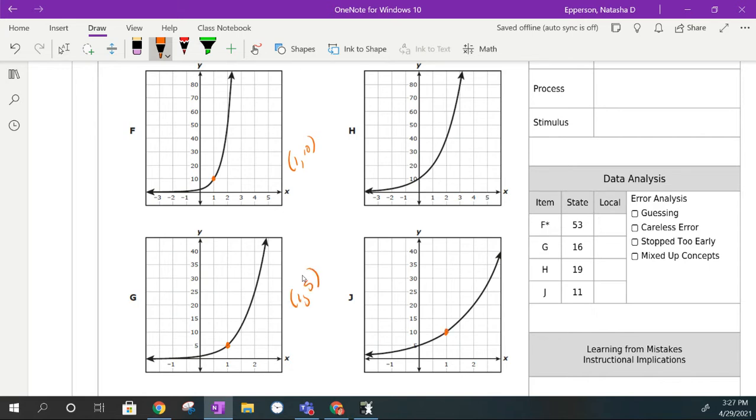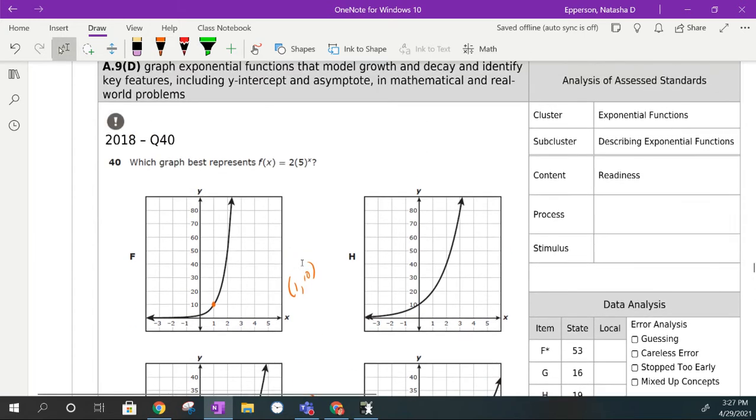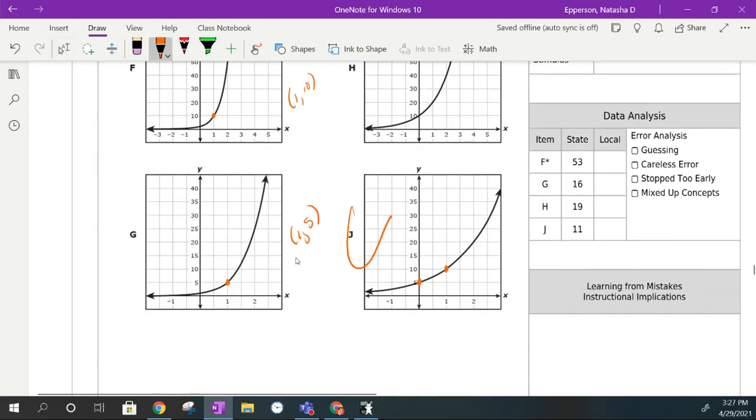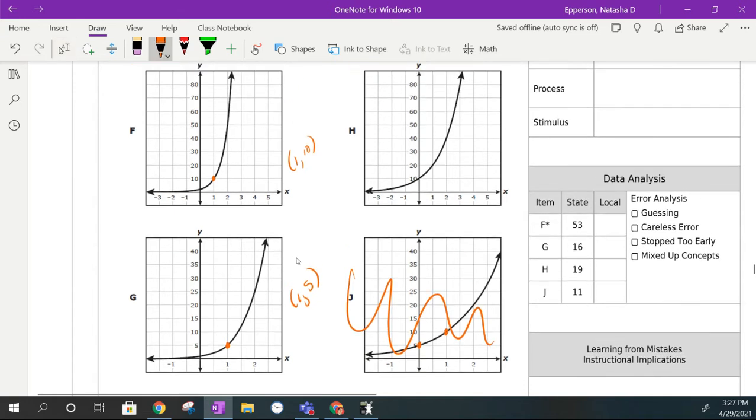And we've got the point on this graph 1, 10 as well. This one has a y-intercept of 5. So that means y-intercept of 5, that I can eliminate because this has a y-intercept of 2. So actually I can't eliminate J, and I can eliminate H because H has a y-intercept of 10. So our answer is either going to be F or G.